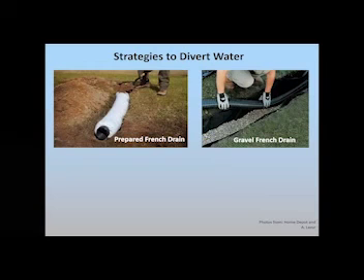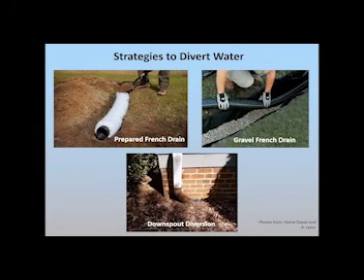Some of them are pre-packaged, with some media surrounding the corrugated pipe. You can certainly also divert your downspouts into a French drain, or even further away from the house, away from the septic system, and into a swale.